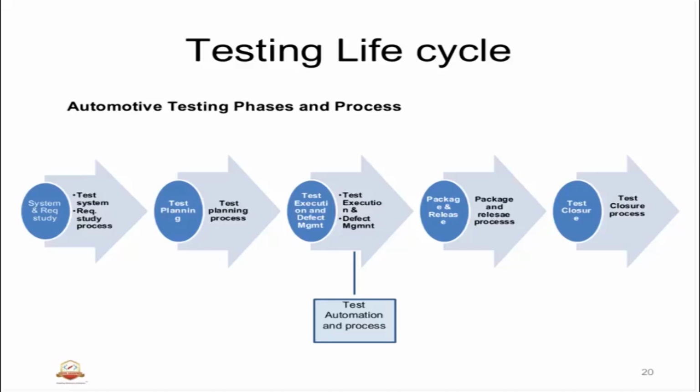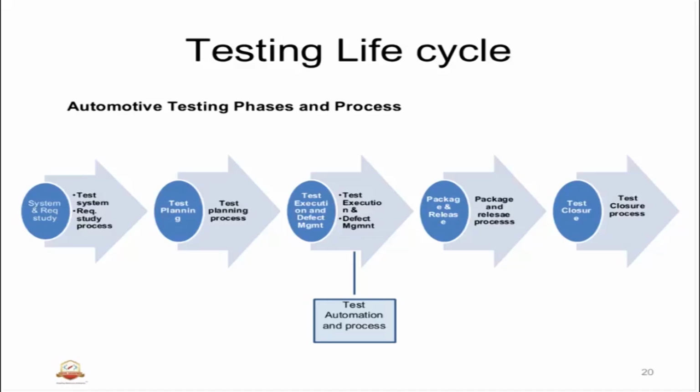Here I am looking into the testing life cycle only. So we have 5 phases: system and requirement study, test planning, test execution and defect management, package and release, and test closure. This is for a typical automotive testing.